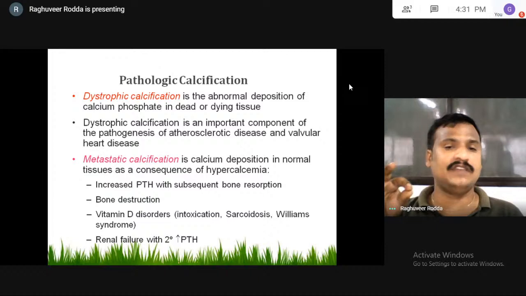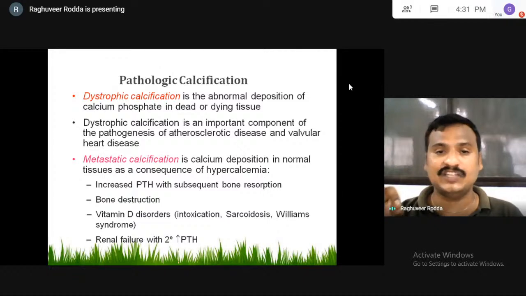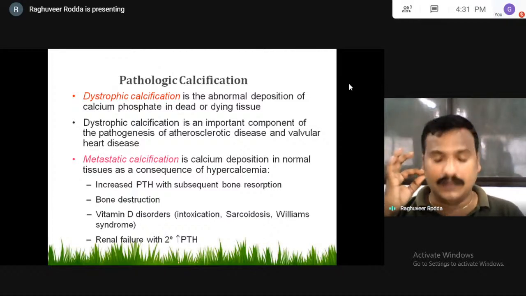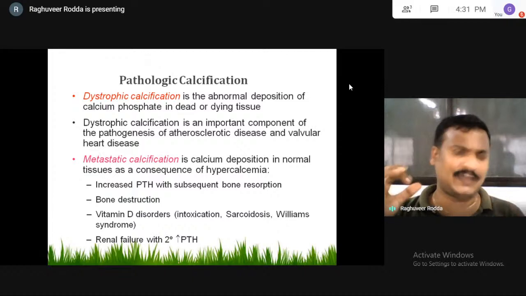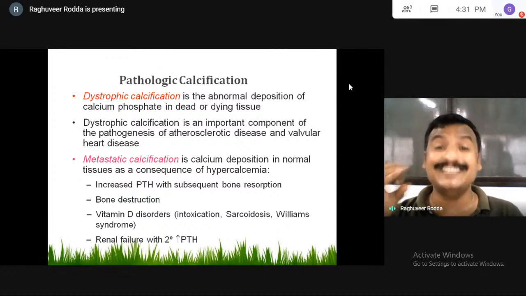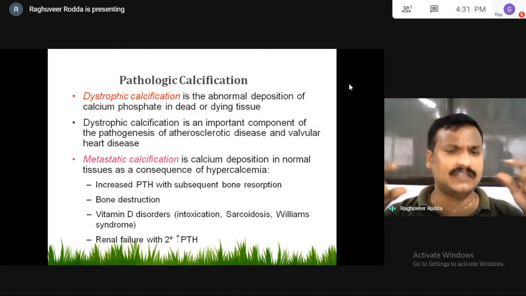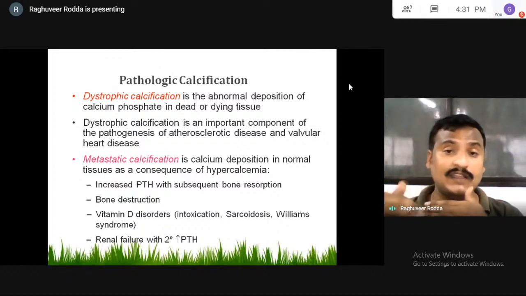And dystrophic calcification is one of the important reasons for pathological conditions called atherosclerotic disease or valvular heart disease. Against huge fatty substances and obesity, whatever fat is present, the excess triglyceride or excess massive fat present in the blood vessels or in the blood gets deposited over the blood vessel cells which are under stress.